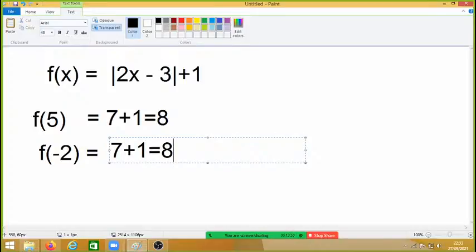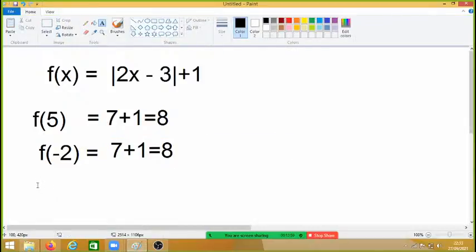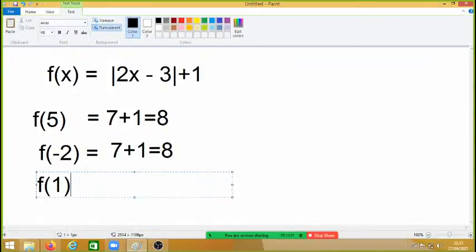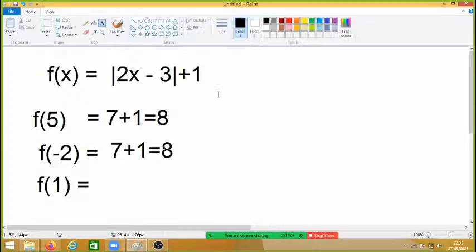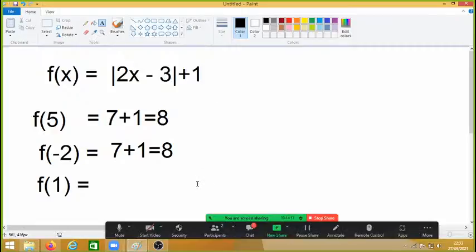And then the last one for today, can you work out f of 1? So that's substitute into the function the number 1 for x. As soon as you've done that, type in your answer. Okay, looks like we've got an answer already.